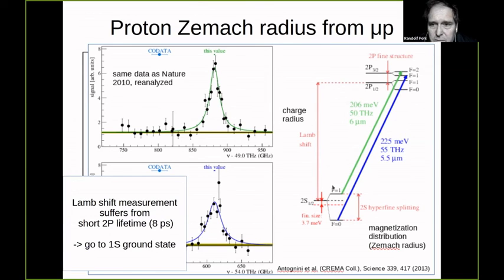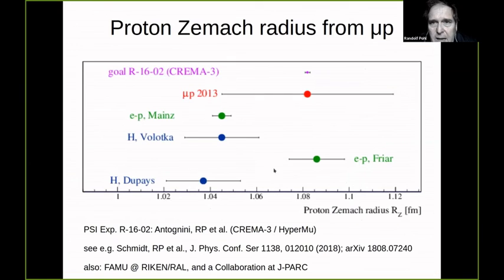If you have these two transitions and you subtract them from each other, using the very well calculated 2p fine and hyperfine splitting, you get to this 2s hyperfine splitting. As I said, the line width comes from the 2p state lifetime, so we have to go to the ground state. Our goal is to improve this by a factor of maybe 100, depending on the theory for the polarizability.